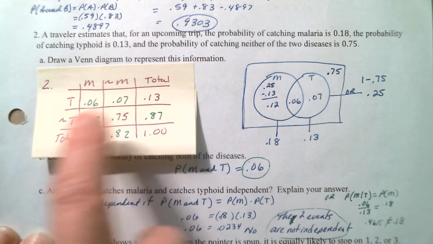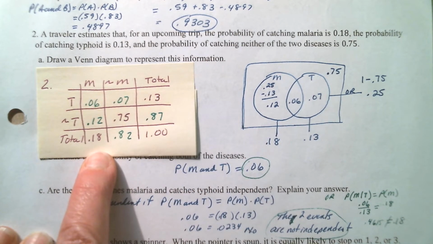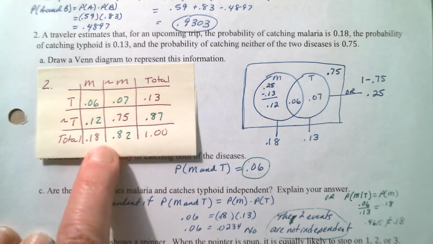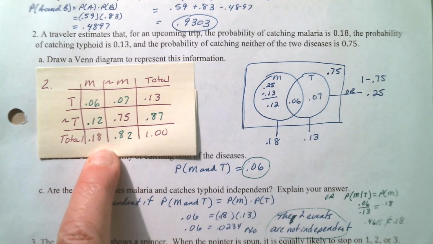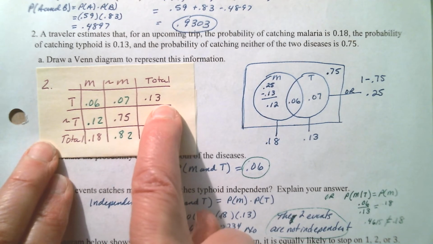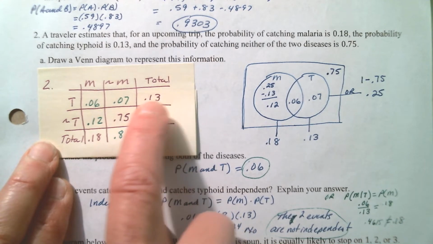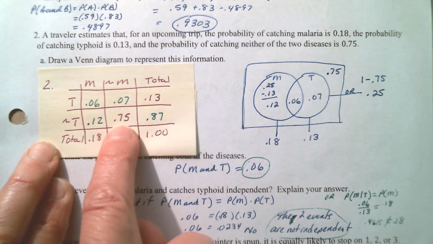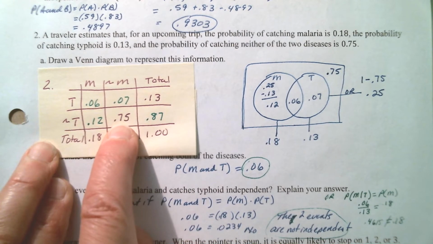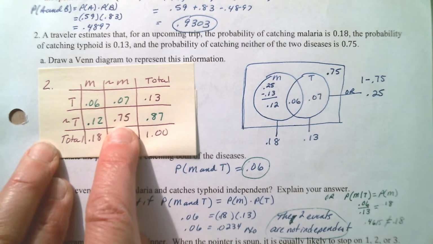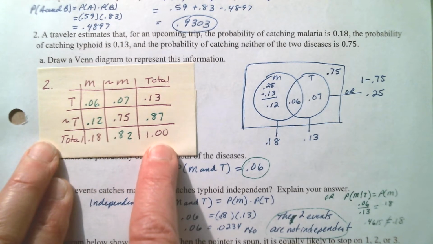So probability of malaria goes here, total of 0.18. And probability of typhoid is here, 0.13. And the probability of catching neither of the two diseases, 0.75. So not malaria, not typhoid goes here, 0.75. And then our lower right-hand corner has to be 1.00.